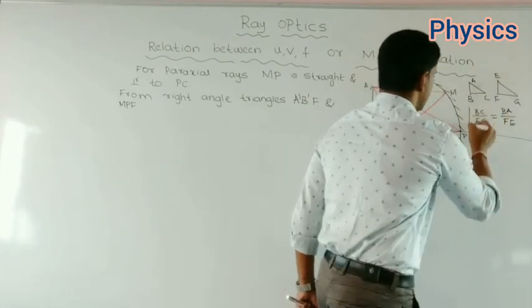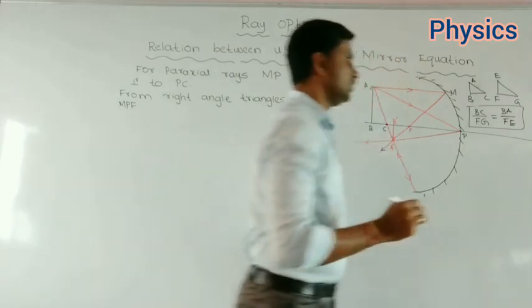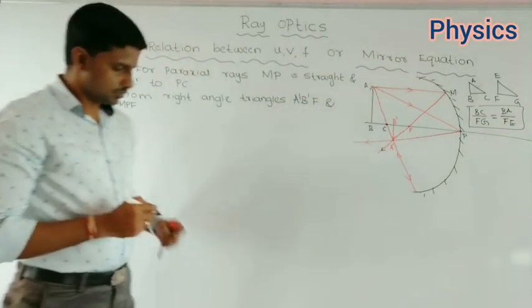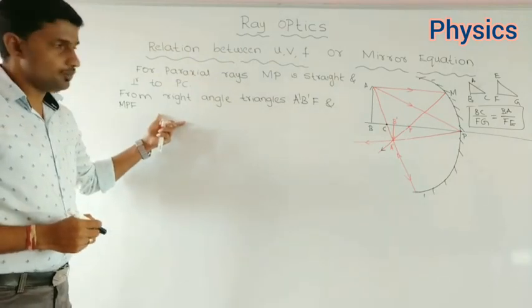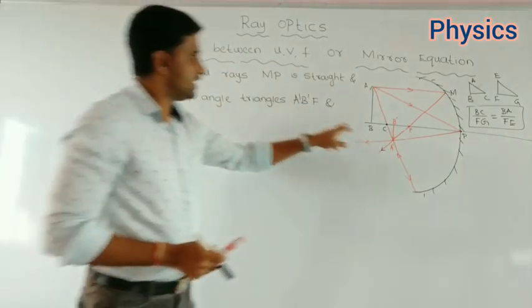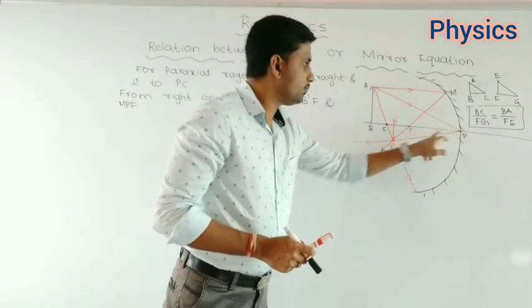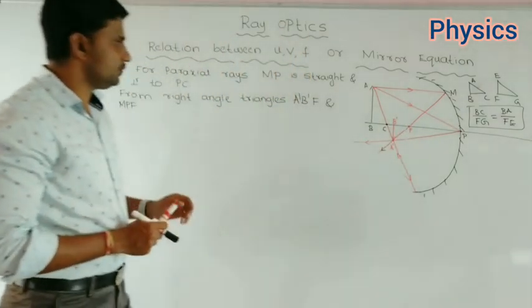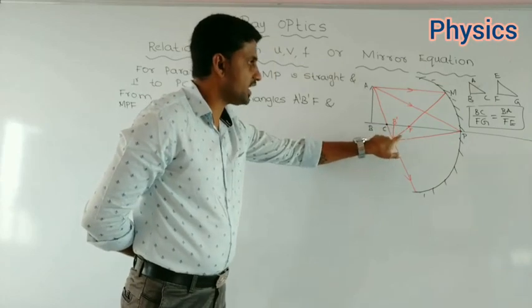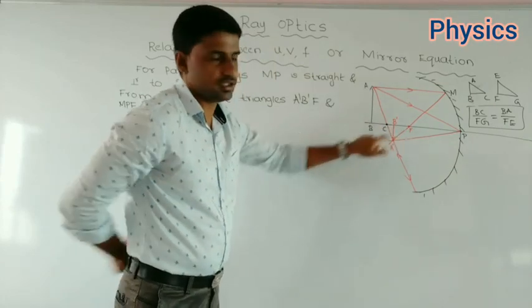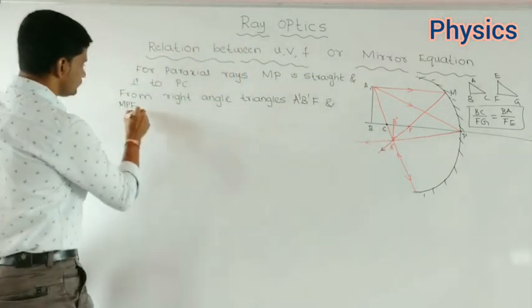This is one of the relations from the theorem. So using that concept we are applying it here also. From right angle triangles A'B'F and MPF, from A'B'F we get the base as A'B'.